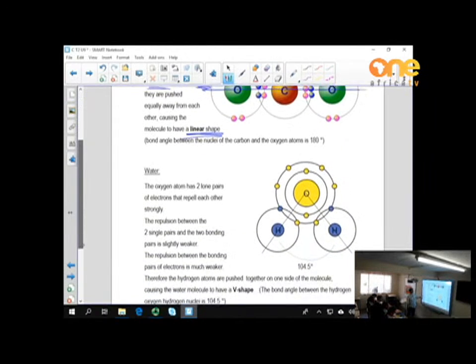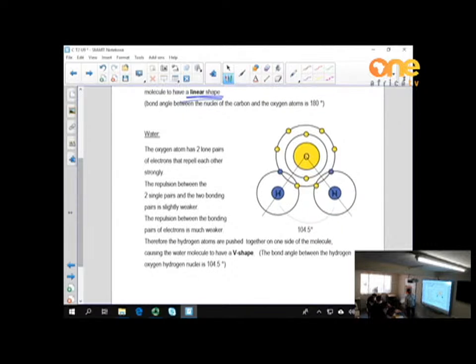Then from that, we can go and have a look at the water. We see here that the oxygen has got two lone pairs which repel each other strongly in 3 dimensions, as far away as possible. Then we have a bonding pair over here, bonding pair. So the repulsion between bonding pairs and lone pairs is also fairly strong, but not as strong as between the lone pairs only.